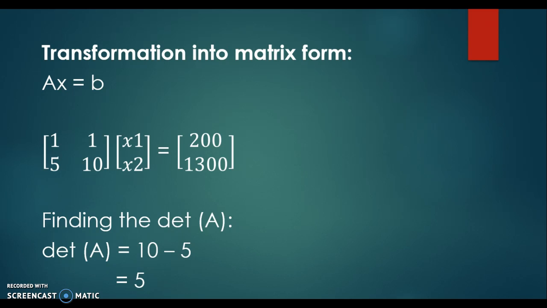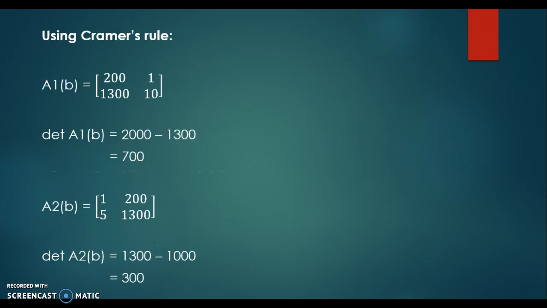Here we find the determinant of A first, which is 1 multiplied by 10 minus 1 multiplied by 5, which gives 5. Then, using Cramer's rule, we substitute matrix B into column 1, and we get 200, 1,300, 1 and 10.